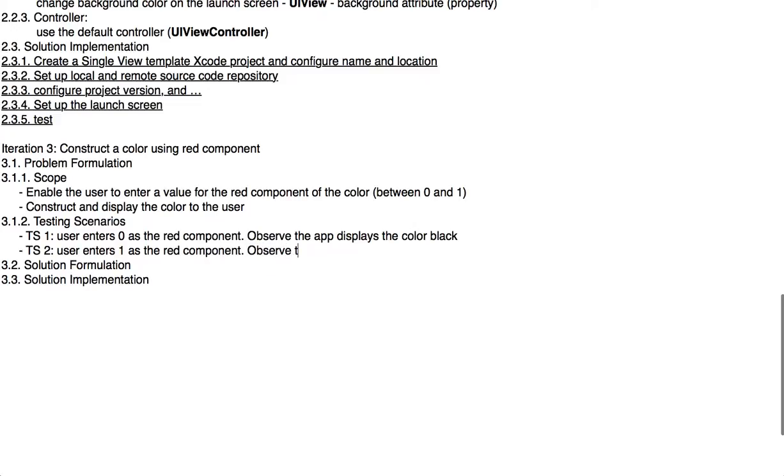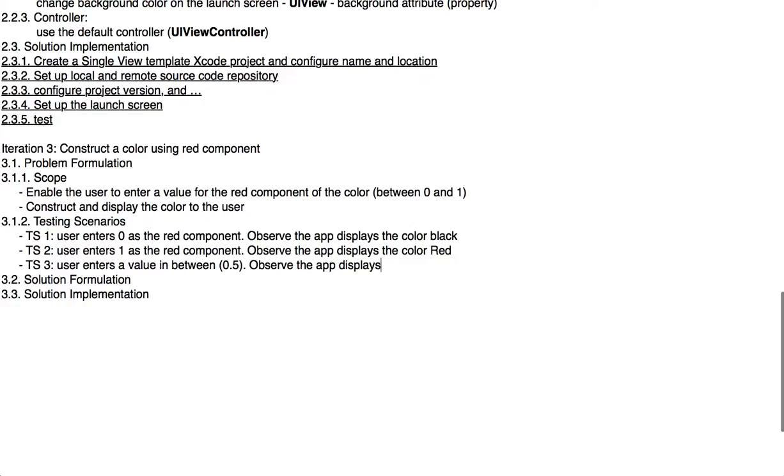Observe the app displays the color red. Then testing scenario 3, user enters, let's say, a value in between, 0.5 for instance, and then observe the app displays a lighter color red.